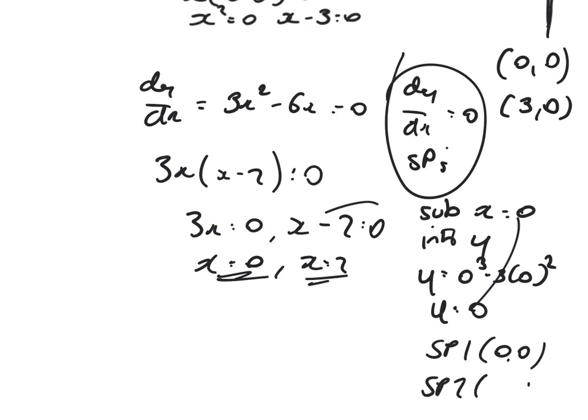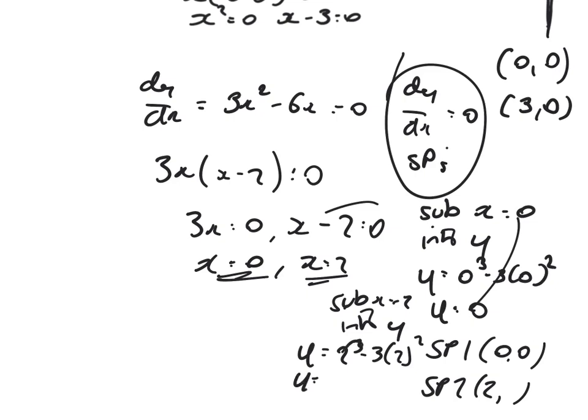Let's see stationary point 2, which has an x coordinate of 2. So let's sub x equals 2 into y. That'll be y equals 2 cubed minus 3 lots of 2 squared. 2 cubed is 8, 2 squared is 4, times it by 3 is 12, 8 take away 12, and that's minus 4. Stationary point 2 then is 2, minus 4.